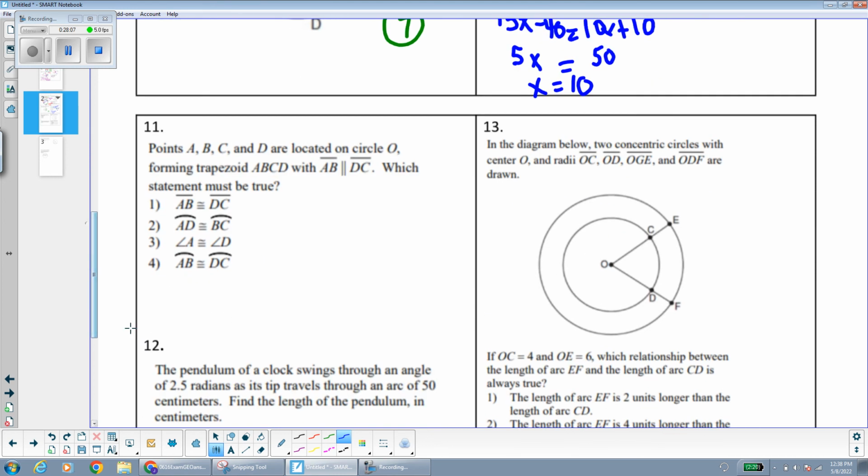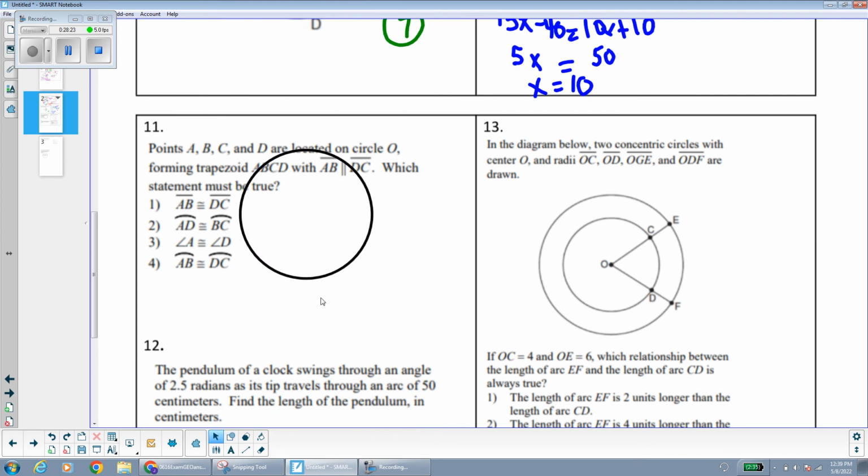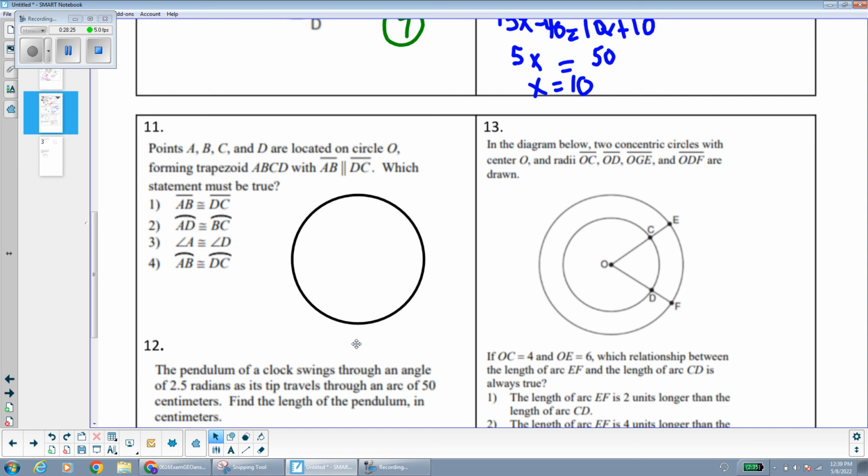For number 11, it says points A, B, C, and D are located on circle O, forming trapezoid ABCD with AB parallel to DC. Which statement must be true? Let me draw a picture. So here's a circle. Oops, big circle. Let me move it over.